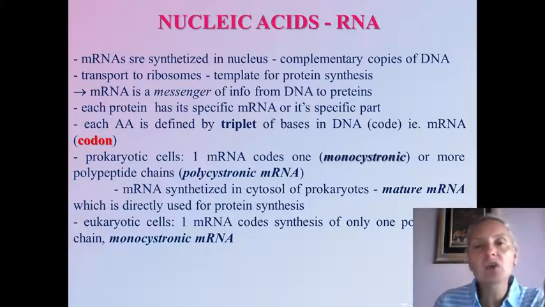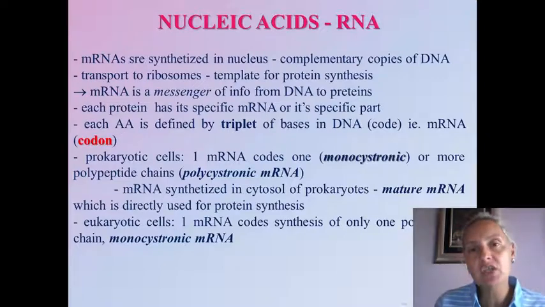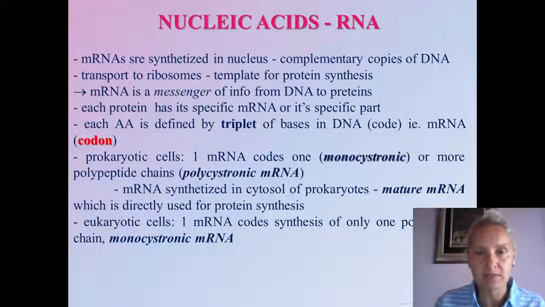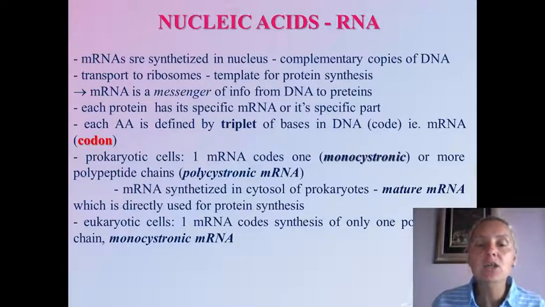So messenger RNA is nothing else but a messenger of the information which has to be transferred from DNA to proteins. Each protein has its specific messenger RNA, or at least its specific part. In each RNA we have a very specific part which is marked by a triplet of bases, so 3 bases in a row, marked as a codon.